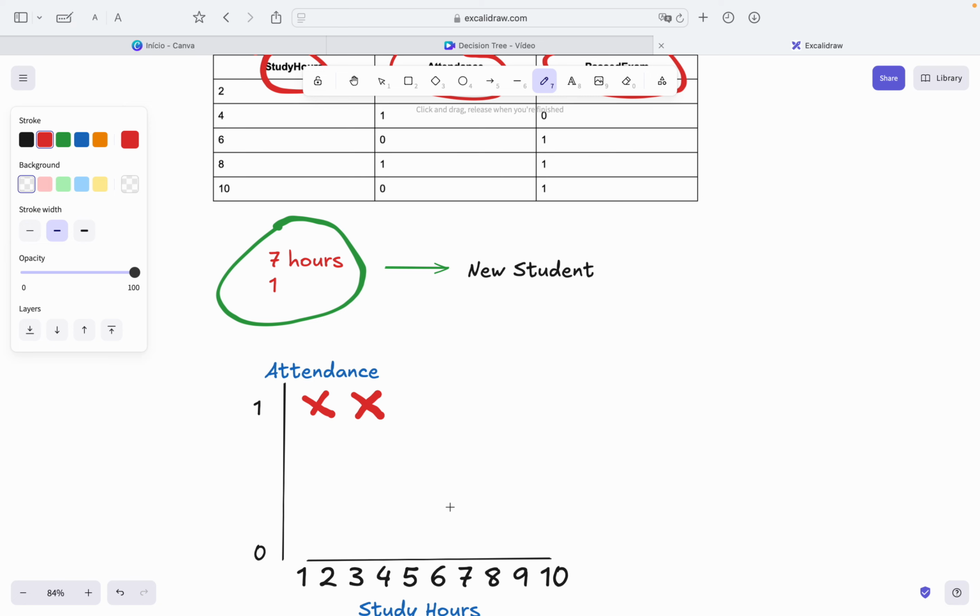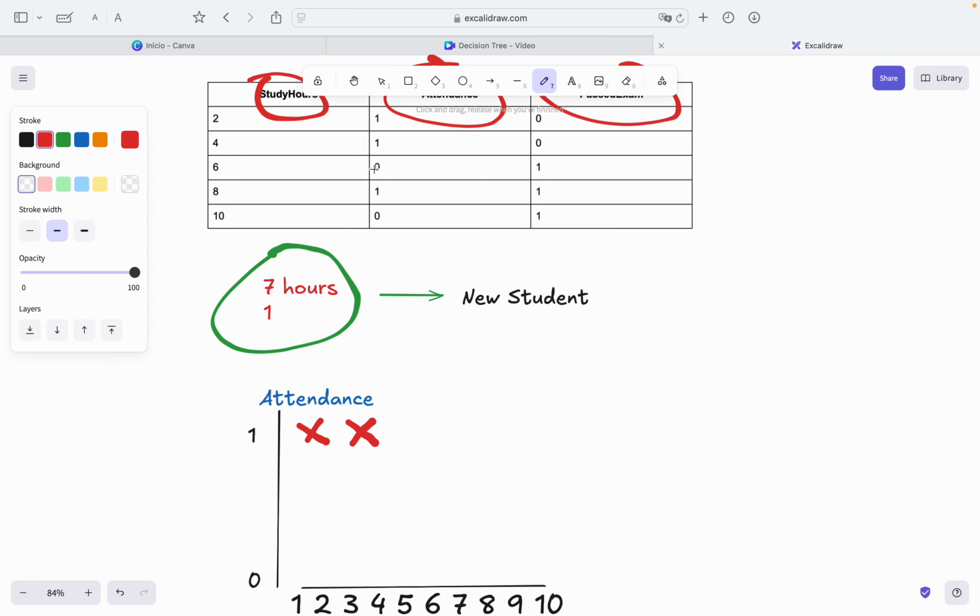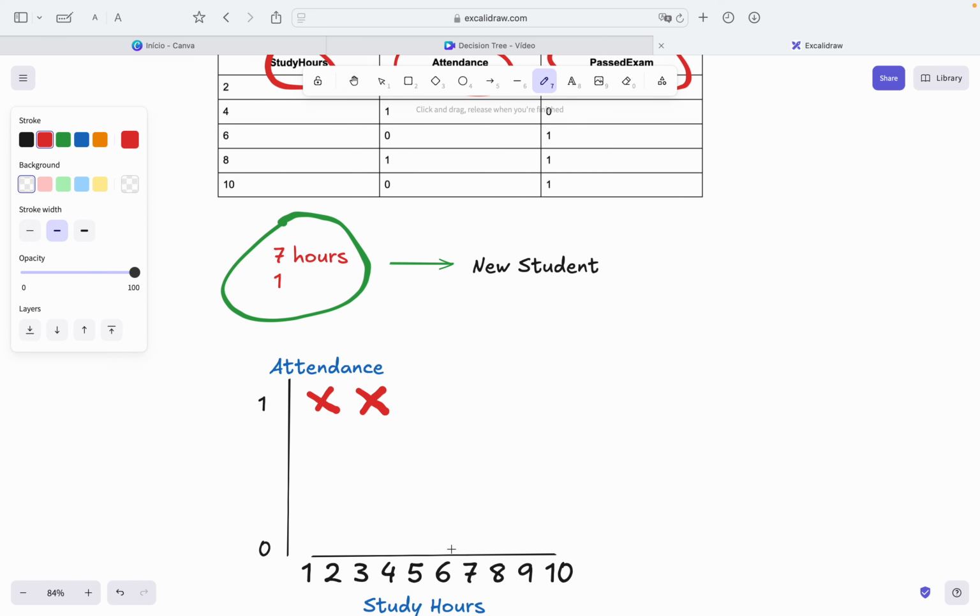Now, if we take the third option in our data set, 6 and 0, he actually passed, so let's pretend this is a check mark. And 8 and 1 right here. And then 10 and 0, so it's right here.